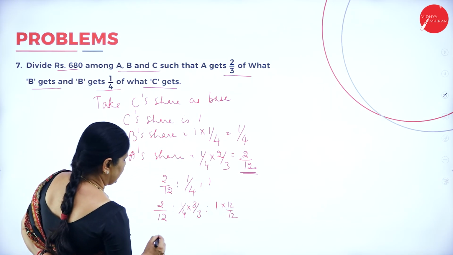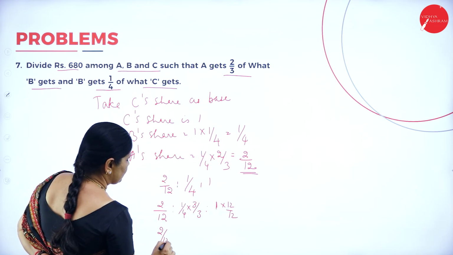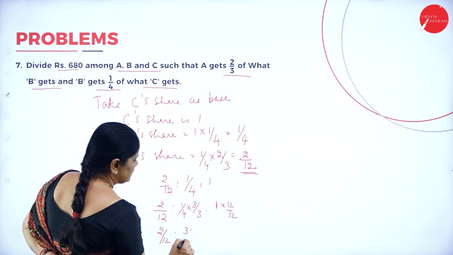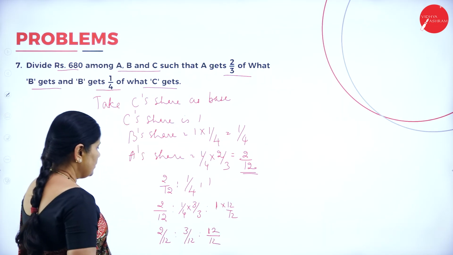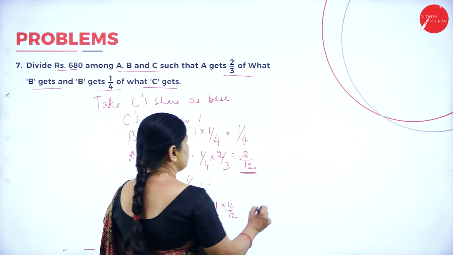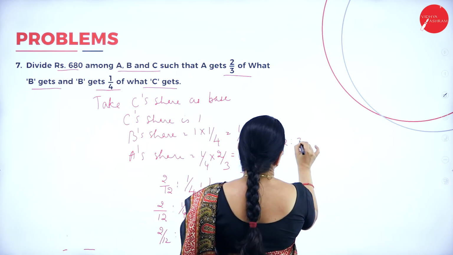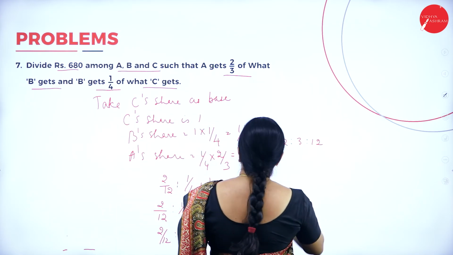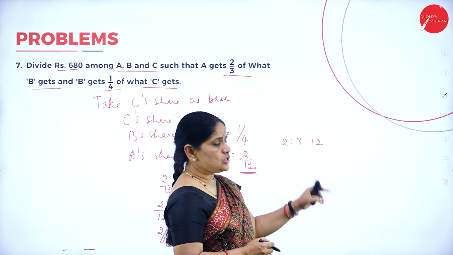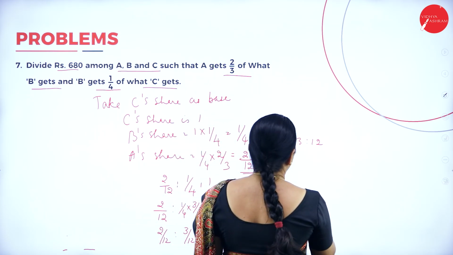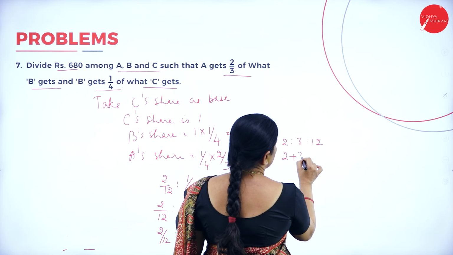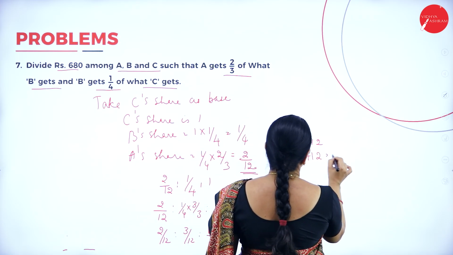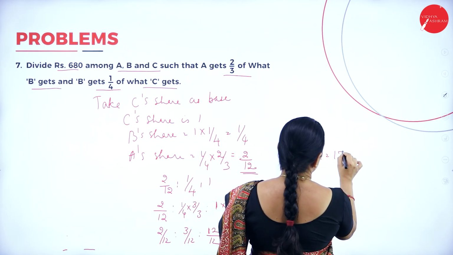So, this will be equal to 2/12 is to 3/12 is to 12/12. Now, when we write the ratio, I get 2:3:12. So, I add 2 plus 3 plus 12, that will be equal to 17.